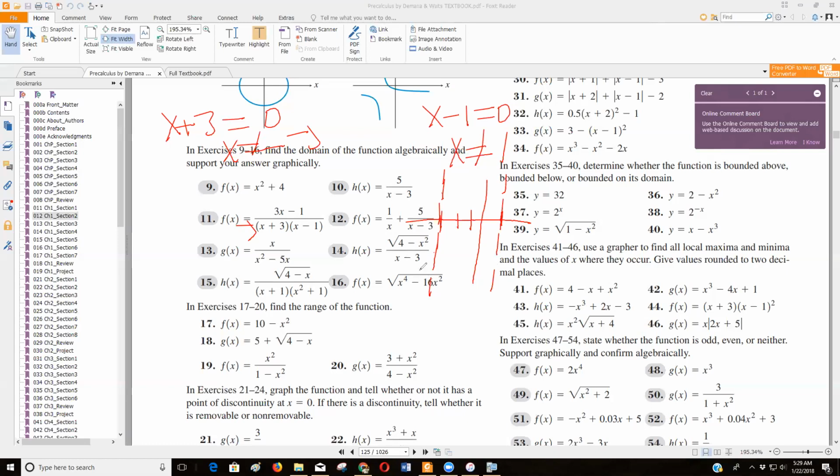I'm hoping from past classes that you know these rational functions look something like this. I don't know exactly at this point what it actually looks like. We'll learn about that later in the next chapter. But I know that it's got those vertical asymptotes going on.